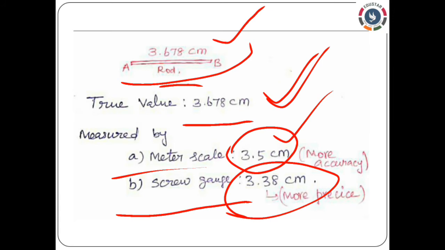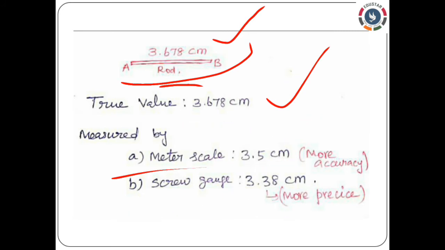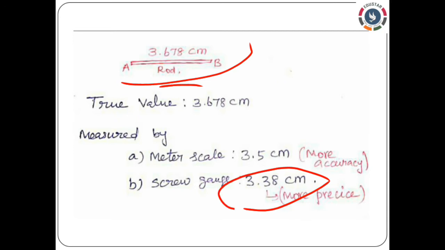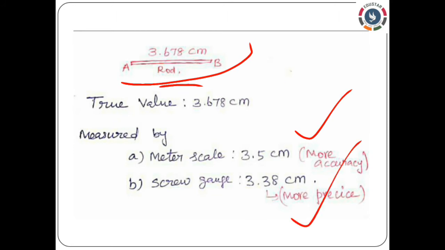So the meter scale reading has more accuracy, but compared in terms of resolution, the screw gauge has more resolution than the meter scale. It gives the result in 0.01 centimeter accuracy, so it is called more precise. So the meter scale is called more accurate and the screw gauge reading is called more precise. So just differentiate between accuracy and precision.